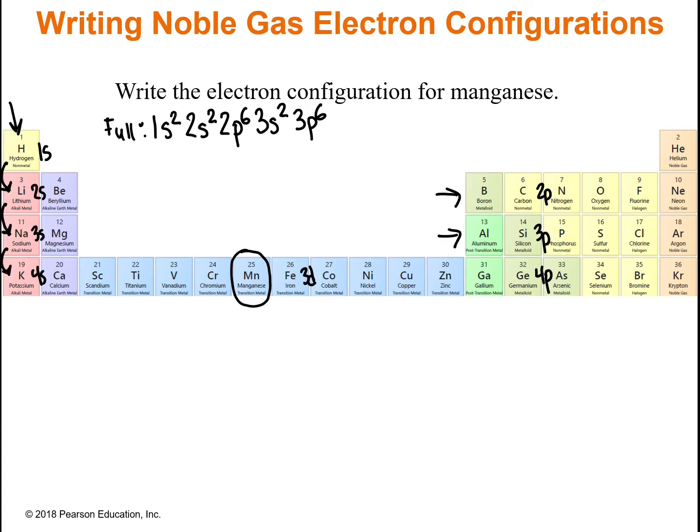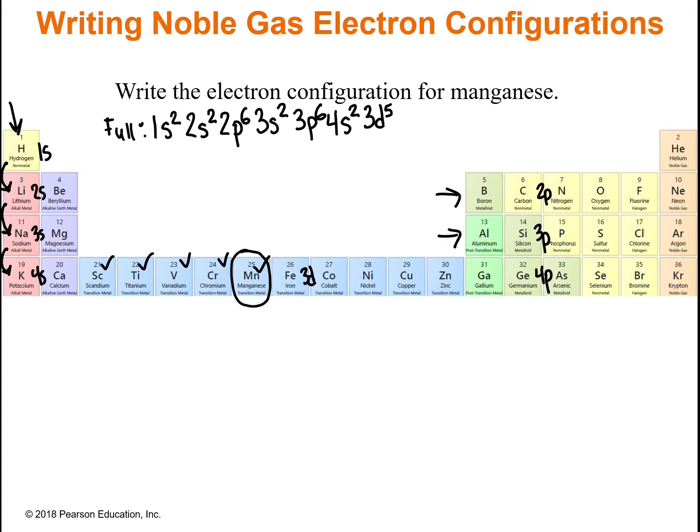We're still not at manganese, so we have to go down to the fourth row. 4s, we fill it. Now we're in the neighborhood of manganese because it is in the 3d. So we count 1, 2, 3, 4, 5. And 3d5 is the last part of our full configuration.